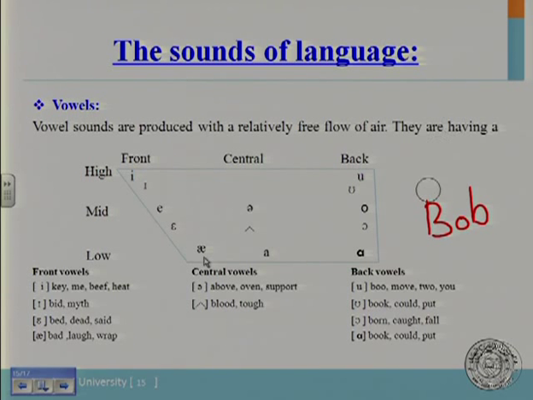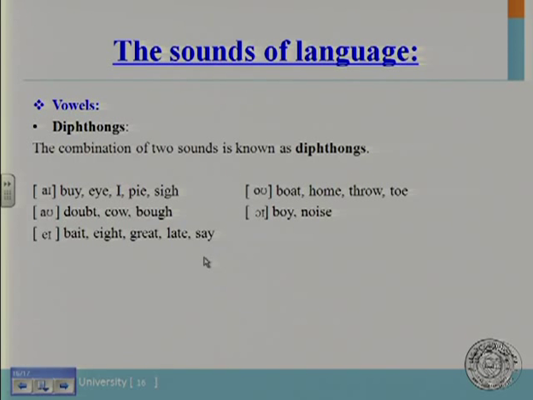Of course, on any website, if you just use Google or Yahoo by typing English vowels, you'll find all the vowels. You can practice them. Next, in vowels we also have something called diphthongs. A diphthong is a combination of two sounds.